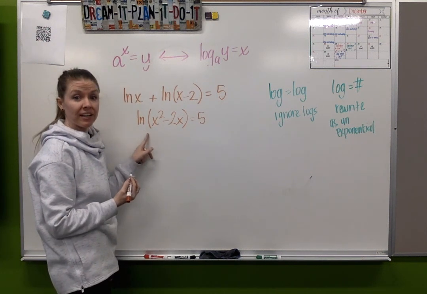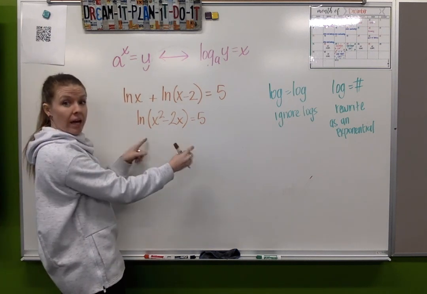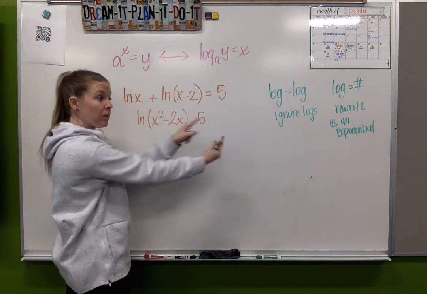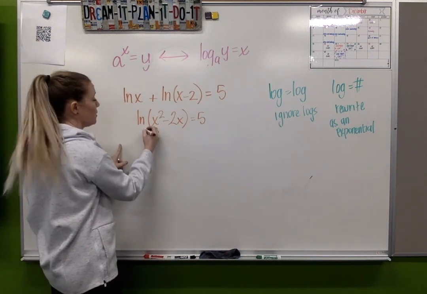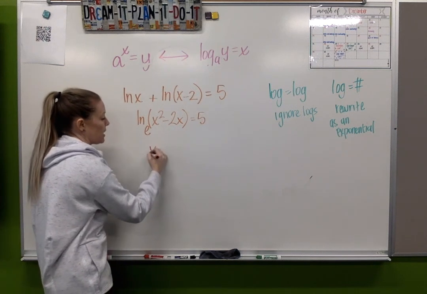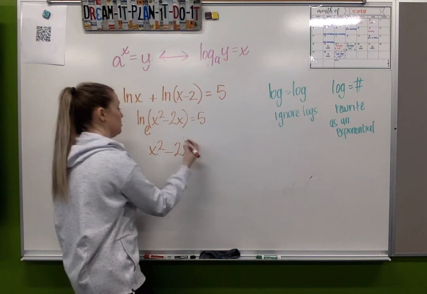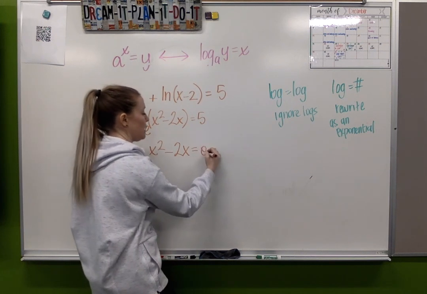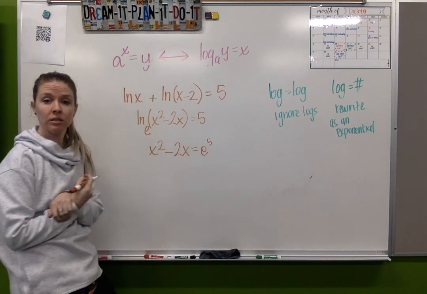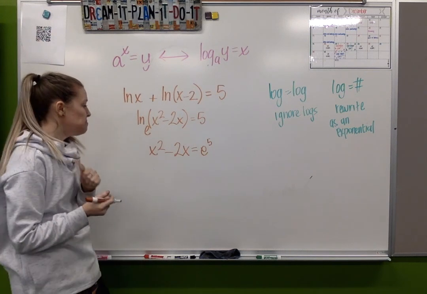I picked a really fun example, okay? So I have my log equaling a number. The base on my log is e. So I'm going to rewrite this as x squared minus 2x equals e to the 5th power. It's an ugly number, okay?